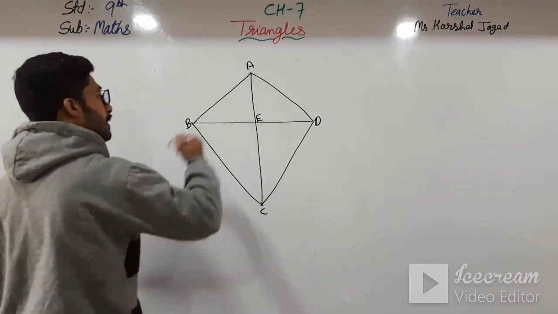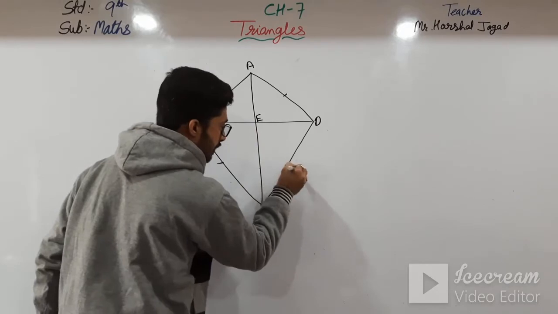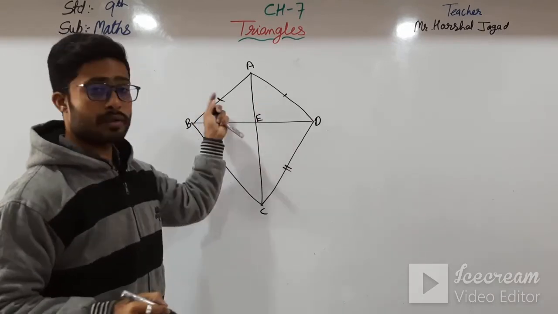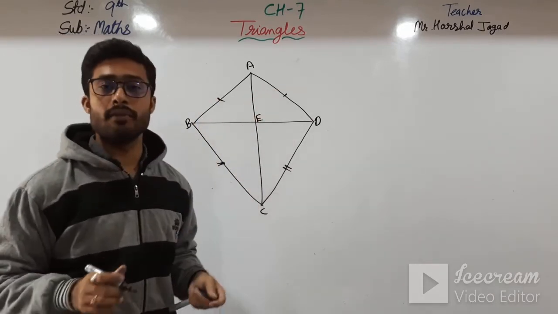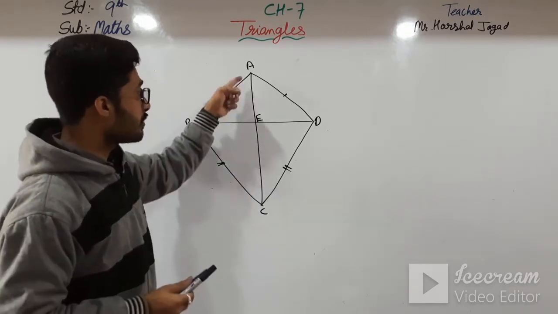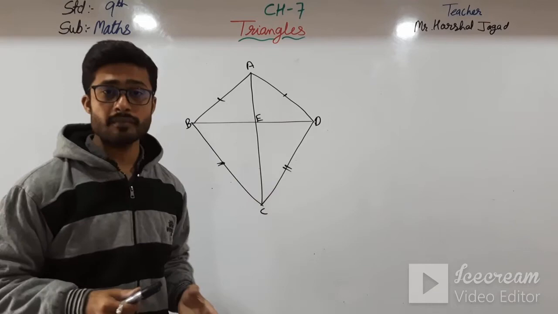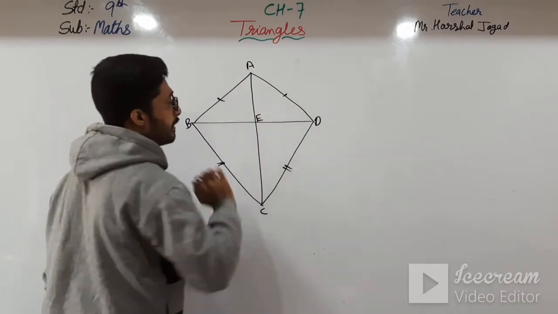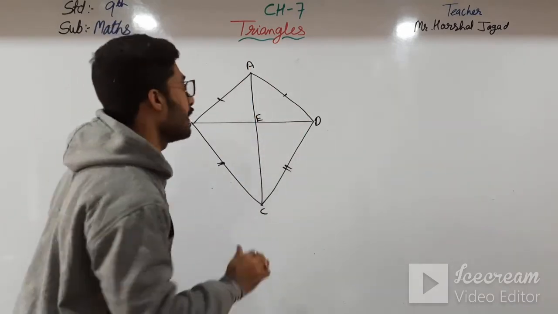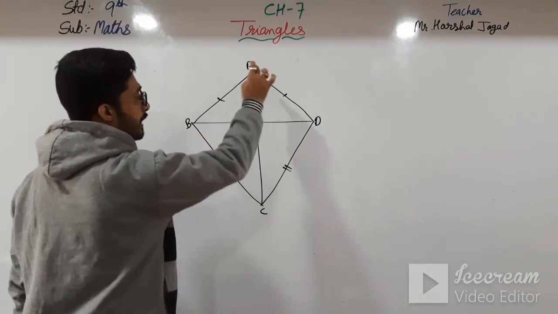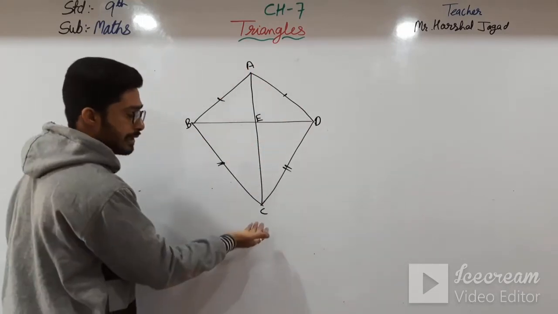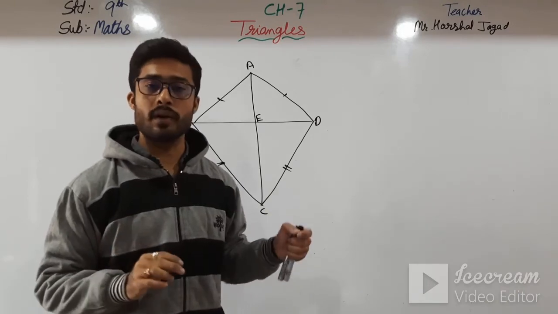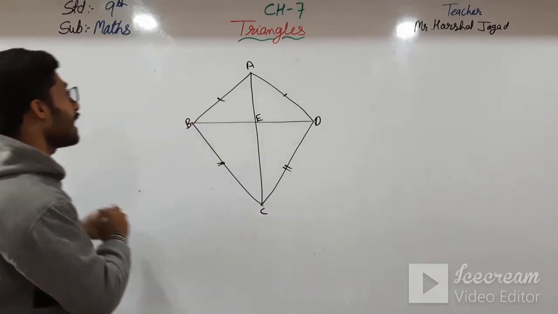Both hypotenuses are equal to each other, and one side is common, that is S. Then triangles ABE and ADE are congruent to each other, and likewise CBE and CDE are congruent to each other. That we will learn in the RHS theorem.